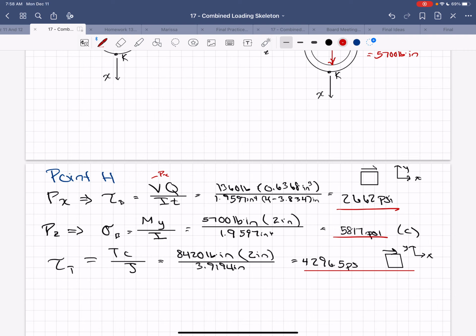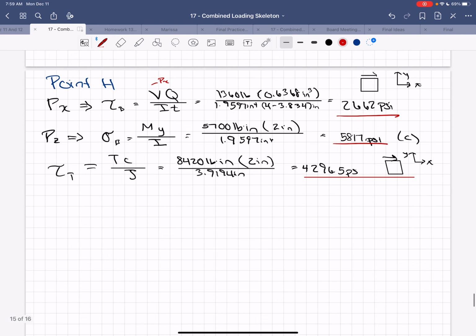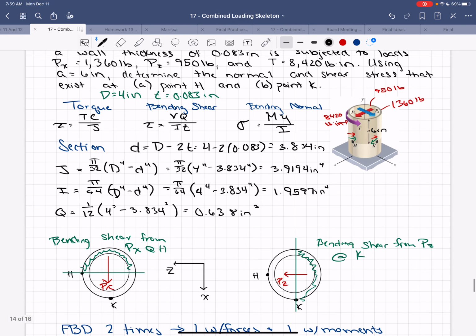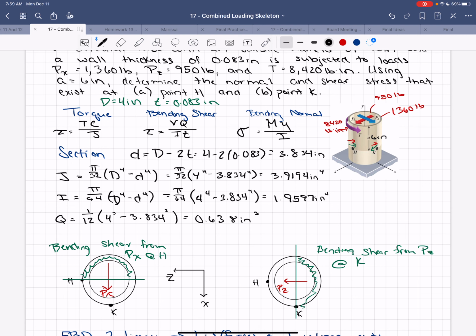So now we combine, we can draw a stress block. This is H. Bending normal stresses act along the longitudinal axis, so those will be in the y direction.